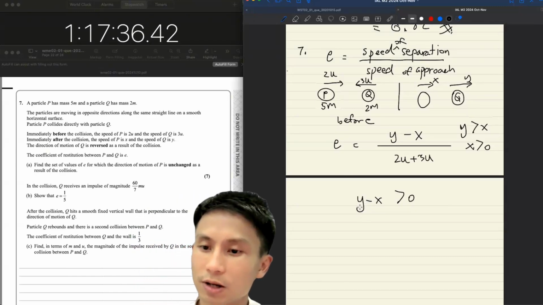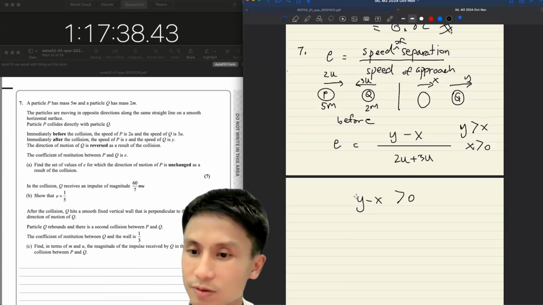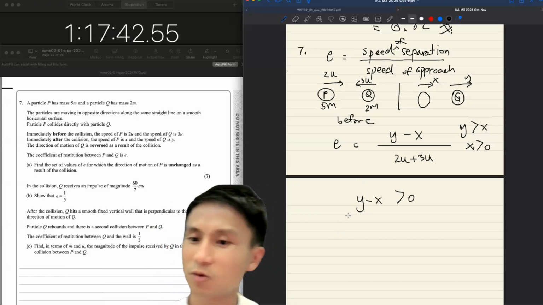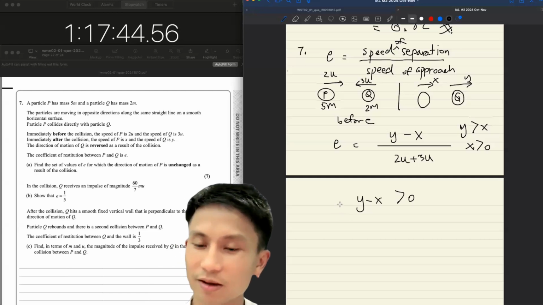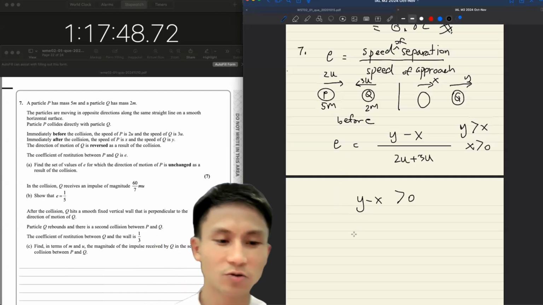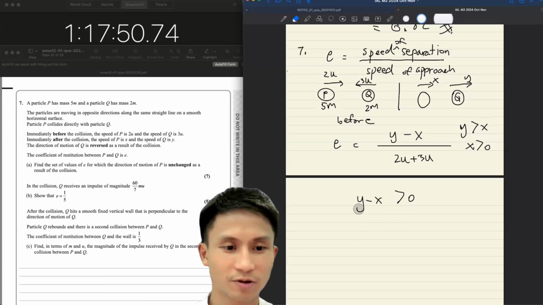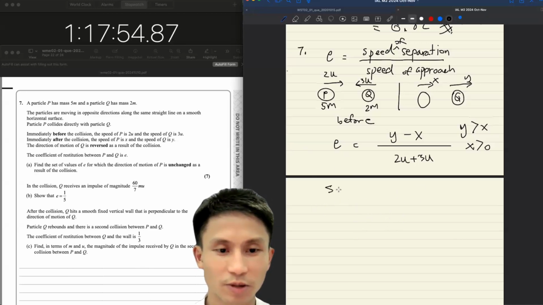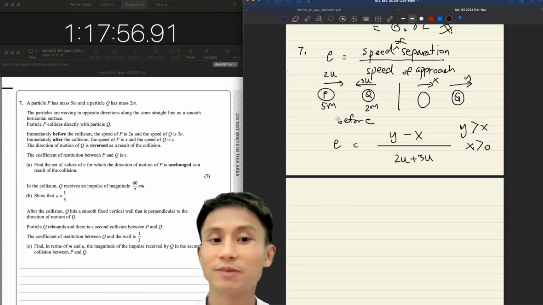I think we're going to have to set the values. That should be an inequality, guys. Probably we need to do conservation of momentum first. Total momentum before is equal to total momentum after collision.